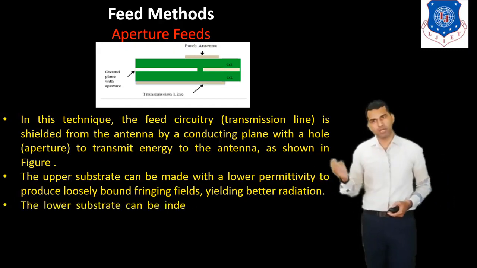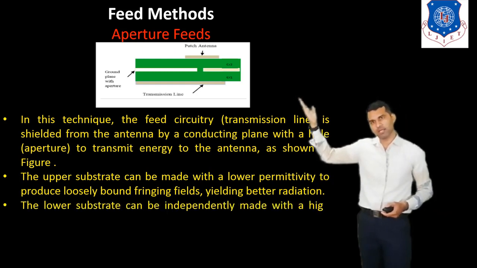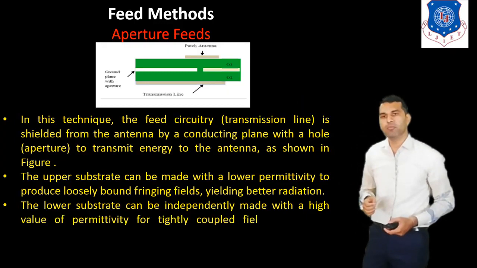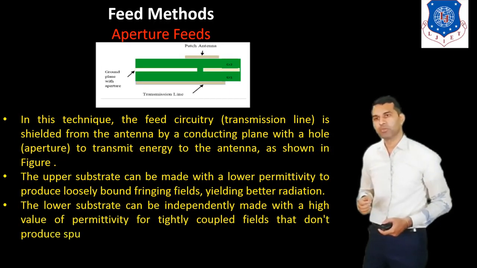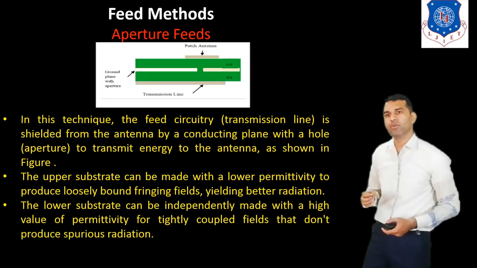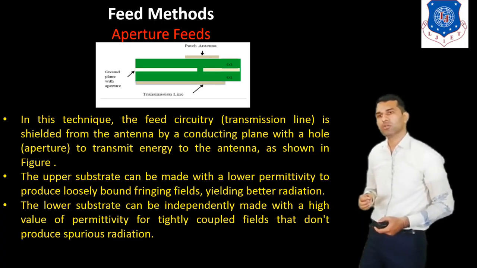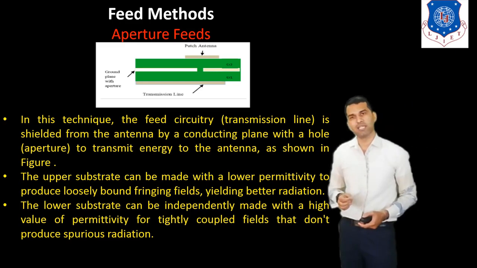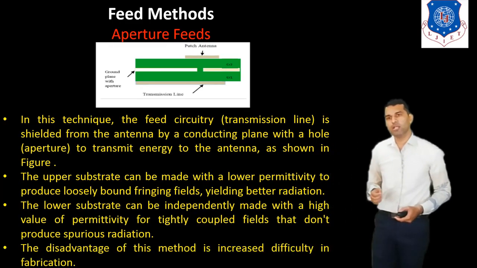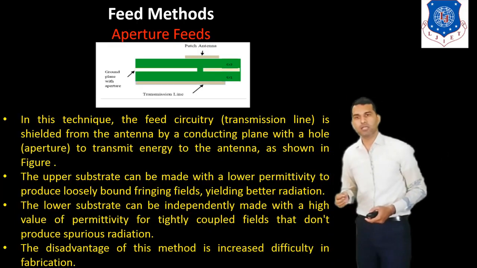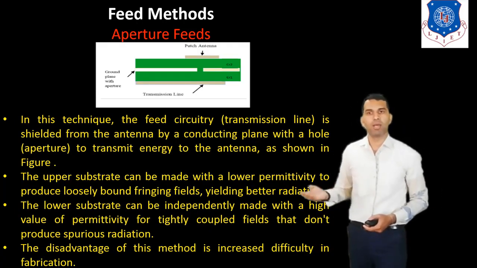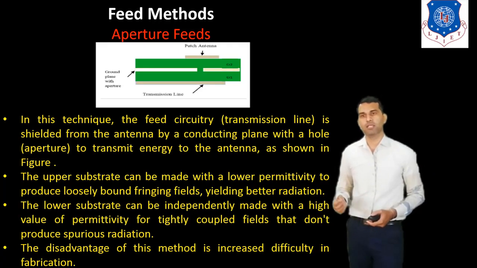The lower substrate, S2, can be independently made with a high value of permittivity for tightly coupled field that does not produce spurious radiation. The disadvantage of this method is increased difficulty in fabrication. So the fabrication is not easy in this method.